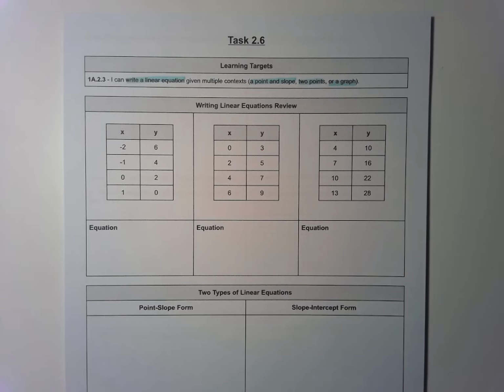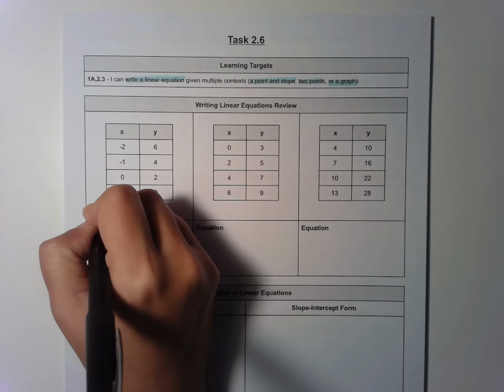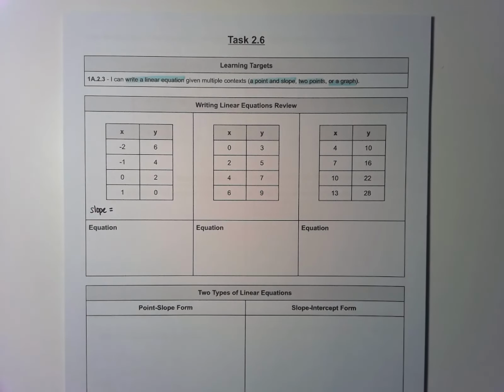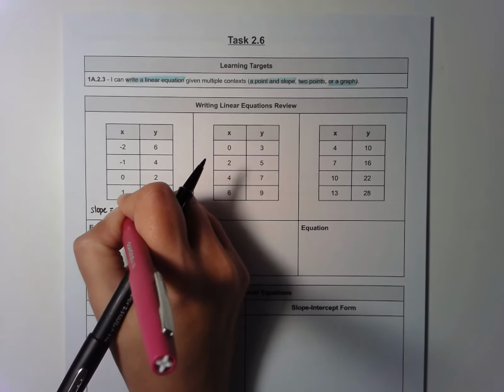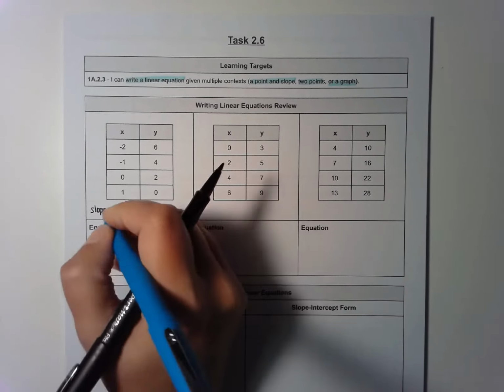So in this case, instead of just looking at the pattern in the table, we're going to be starting by looking at the slope, which takes into account that the x's and the y's are both changing. So the first thing you're going to do whenever you want to write this type of equation is find the slope, and you're going to do that by finding the change in y divided by the change in x.